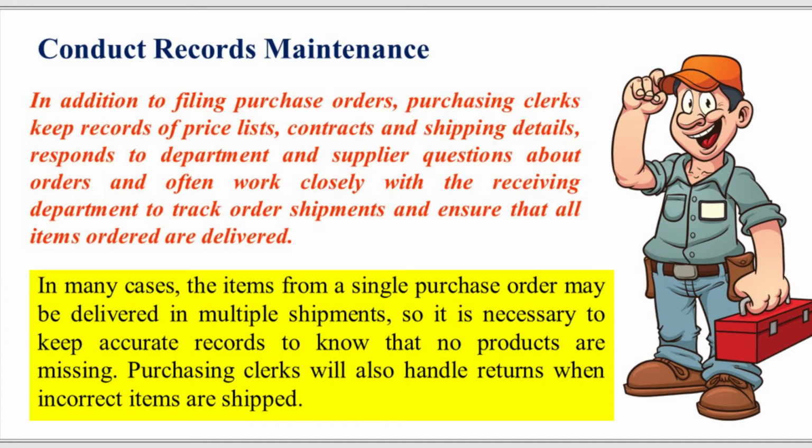In many cases, the items from a single purchase order may be delivered in multiple shipments, so it is necessary to keep accurate records to know that no products are missing. Purchasing clerks will also handle returns when incorrect items are shipped.